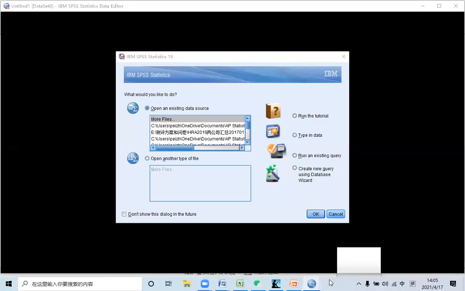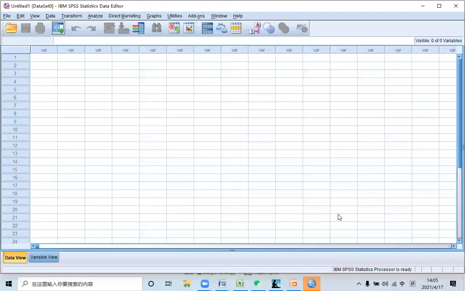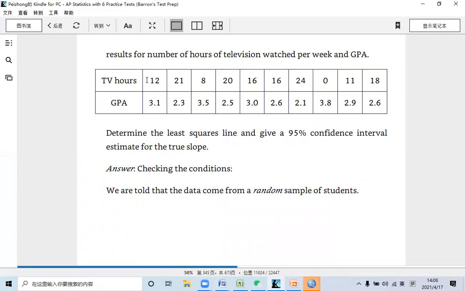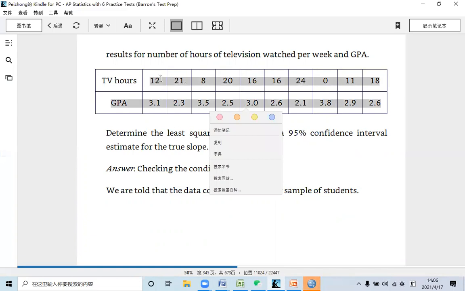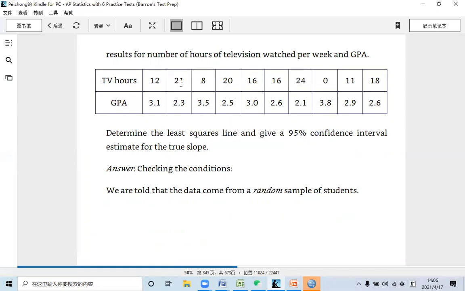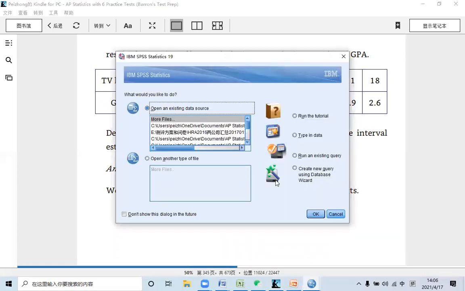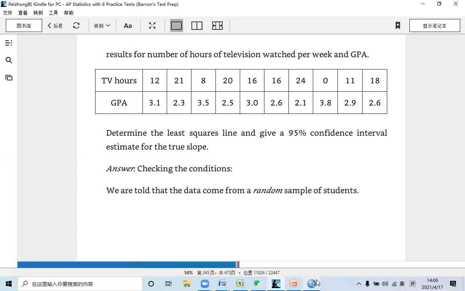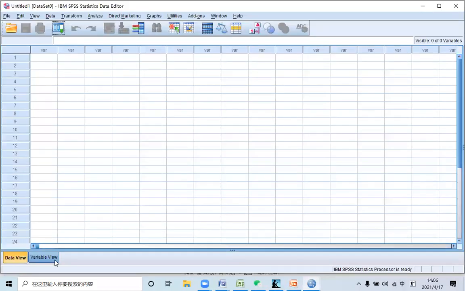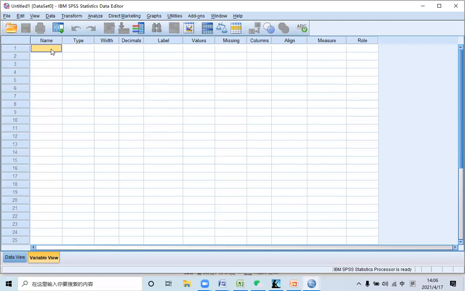Here I go. 10 students give you these numbers. Let me copy this one. So 12, 21, 8. The first variable is TV watching. In variable view, name: TV.